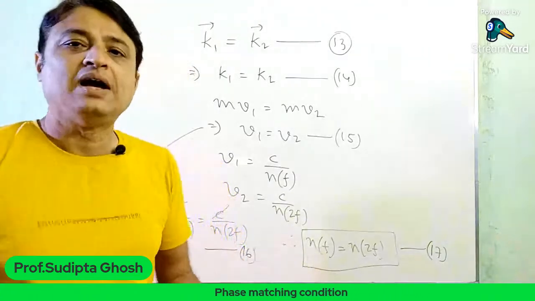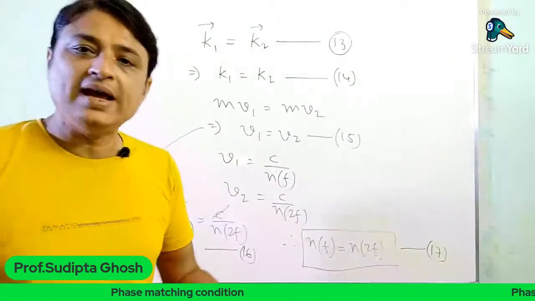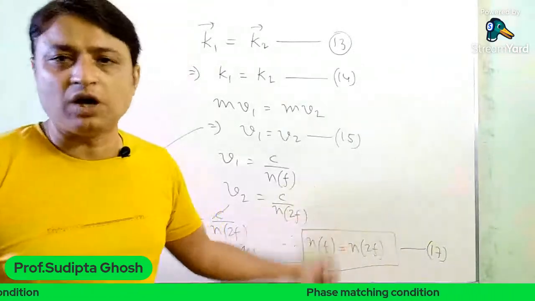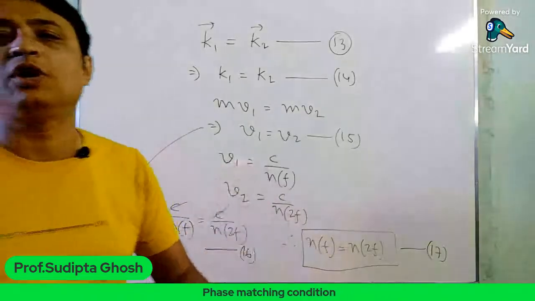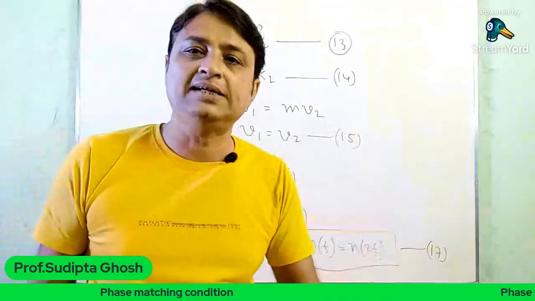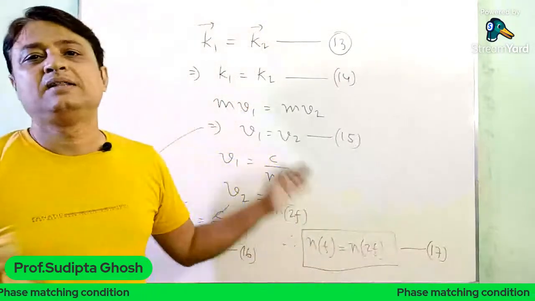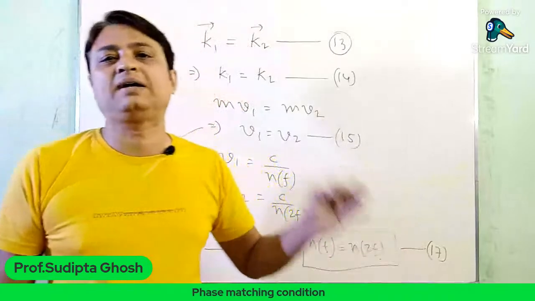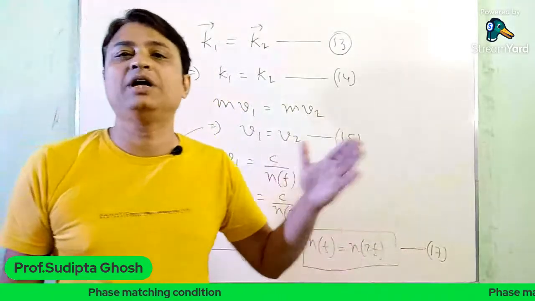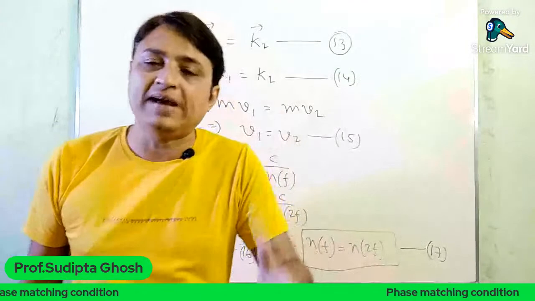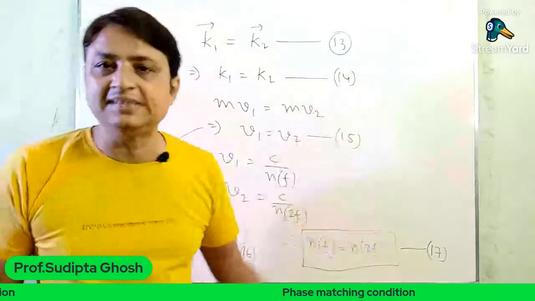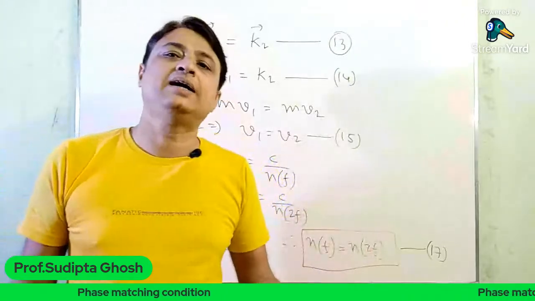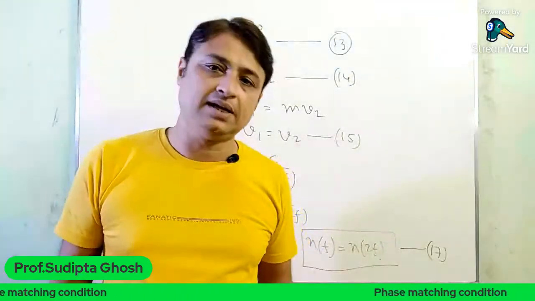So to have a second harmonic wave, we have to follow the phase matching condition, as it tells that the refractive index of the incident wave becomes equal to the refractive index of the second harmonic wave. Then only the phase matching condition is satisfied and we have the second harmonic wave inside a non-linear material.